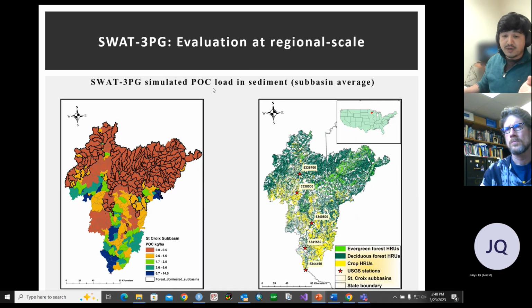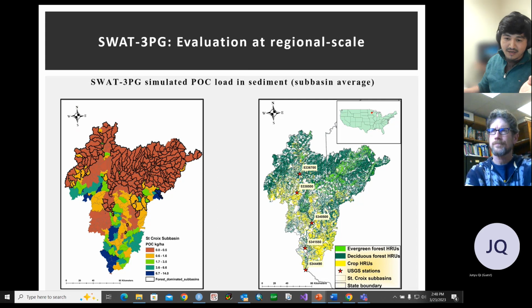This shows the POC load, right, in sediments, and then if you look at the map right here, POC is higher in crop dominated regions, and it's lower in forest dominated regions. The black lines indicate the subbasins where forest is more than 70%, right?